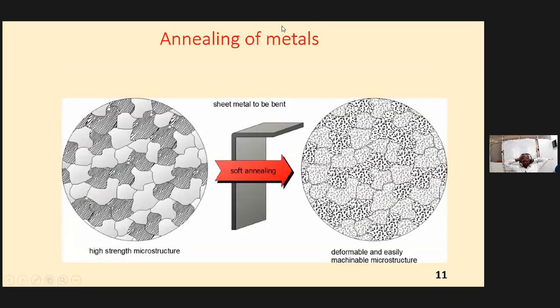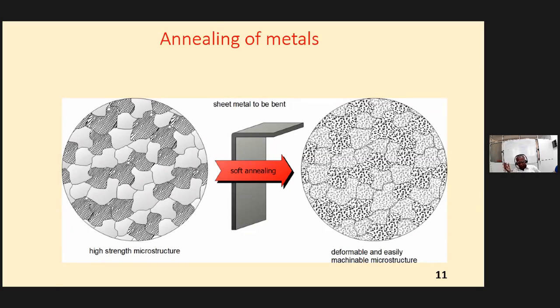Then annealing of metal, sheet metal to be bent. Annealing is a mild heating, we can say for mild steel, and after heating, you can have a product that can be utilized for different work, with a deformable and easily machinable microstructure.